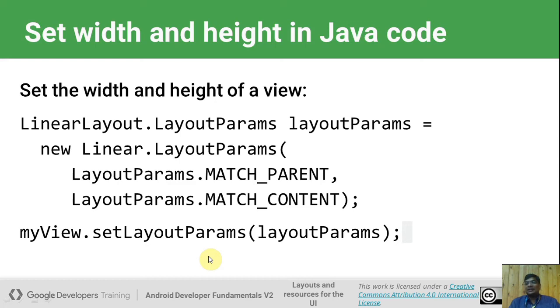So here LinearLayout.LayoutParams. We create parameters for the linear layout and we send those parameters to the linear layout, which set the width and height of that layout, and after that we send those parameters using the object of my view of linear layout.